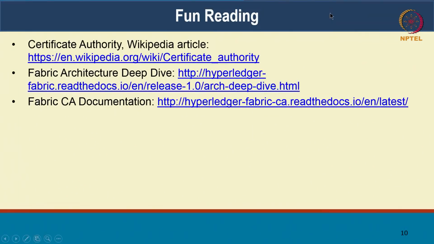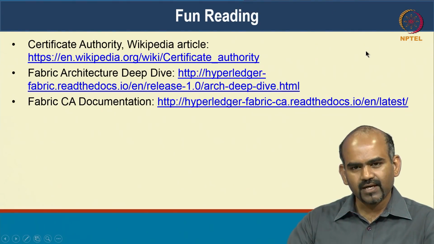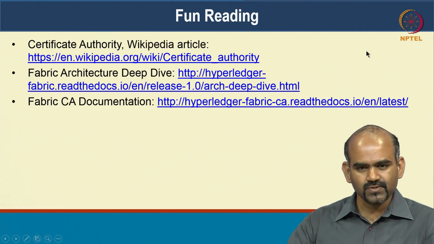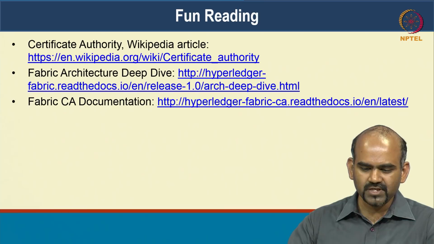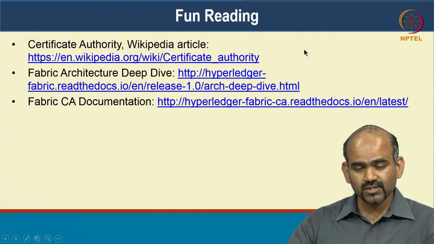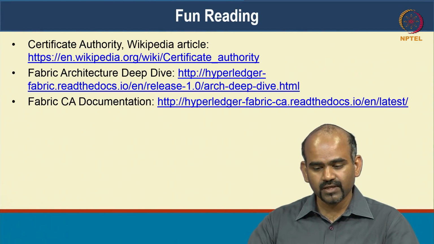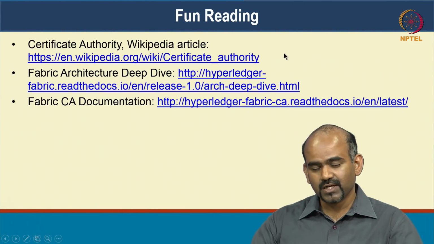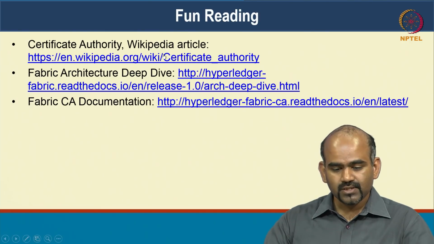With that, we are coming to the end of the lecture itself. So again, some fun reading for you to gather some of the concepts we've introduced here, to learn more about some of these concepts. If you're not familiar with what a certificate authority is, I would encourage you to read the Wikipedia article. It's actually a well-written article. You can gain a lot of knowledge about how the world works today using certificates. So that's a good article to read.